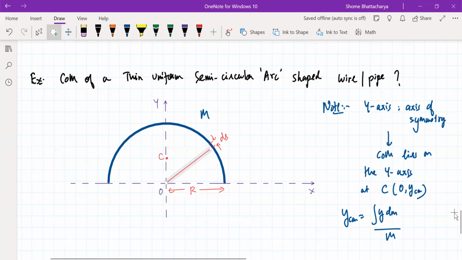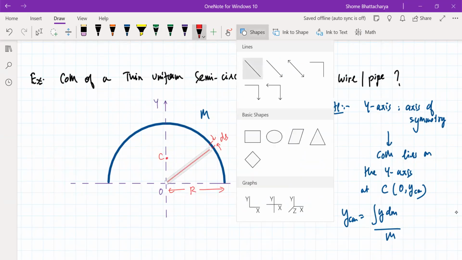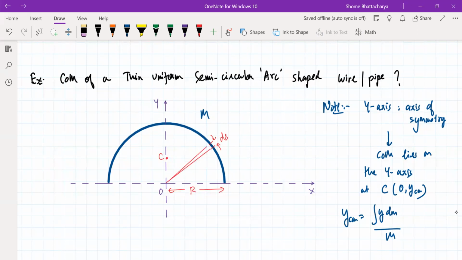Suppose it is located at some angular position theta. By now we are used to the concept of angular position. Since the mass is distributed over a circular path like that, we will locate position by angle like we did in circular motion.